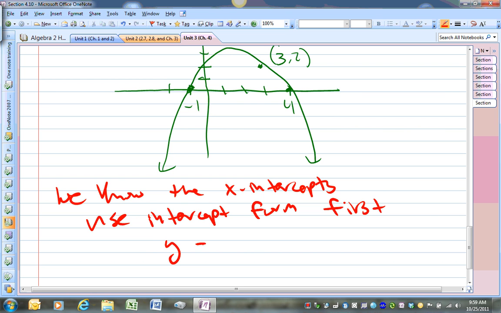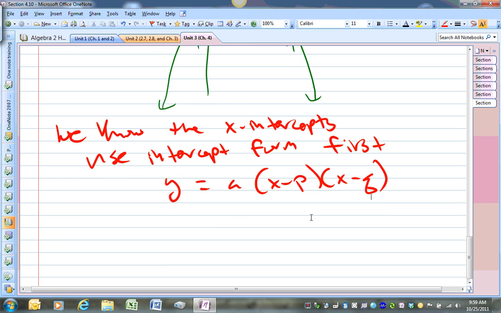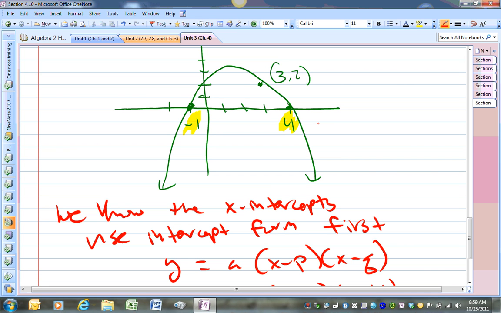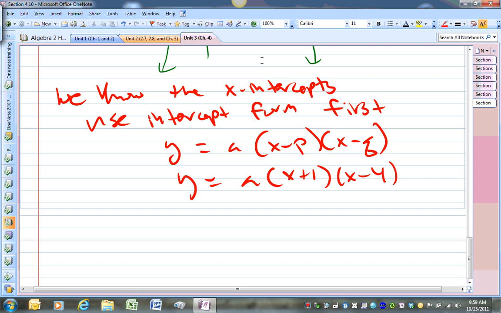So intercept form is this. So y equals a(x plus 1)(x minus 4). Because think about your x-intercepts are right here. And let's use this point to plug in to solve for a.